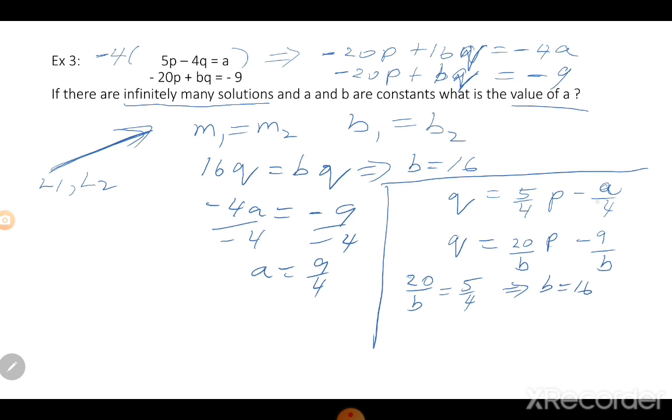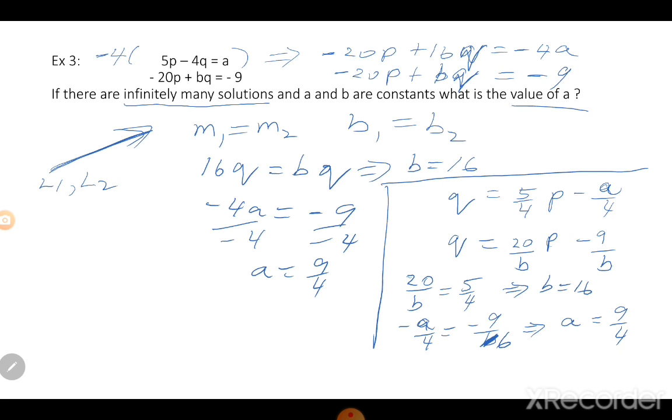And we know that the intercepts now, minus a over 4 would equal minus 9 over b. Well, we get b is equal to 16, so replace this with 16, and then that gives you a is equal to 9 over 4.